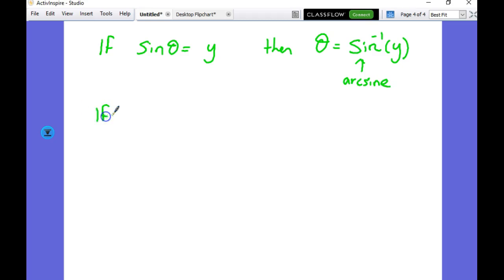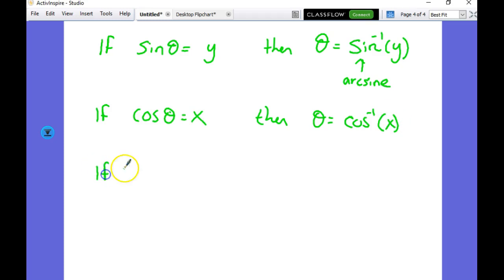So next one, we have if cosine of theta equals y, then theta is equal to arc cosine. I said y. It should be, what should I have put here? X. Then arc cosine of x is equal to the angle.